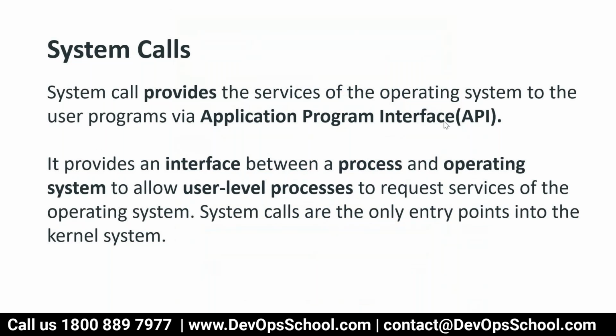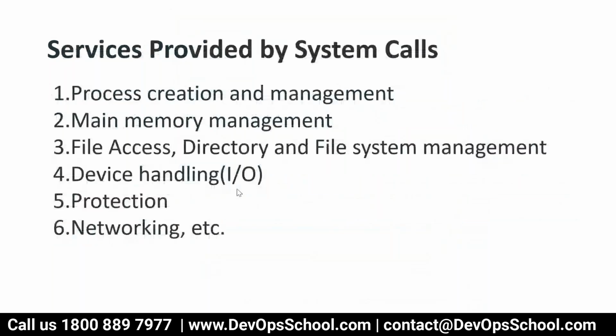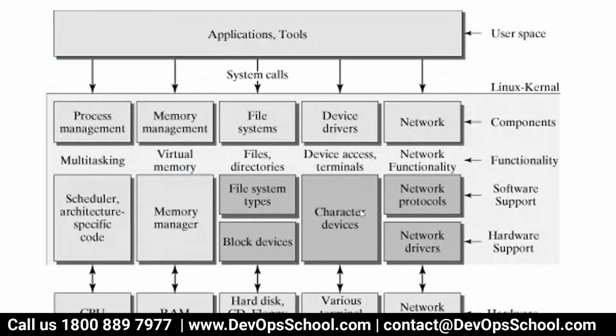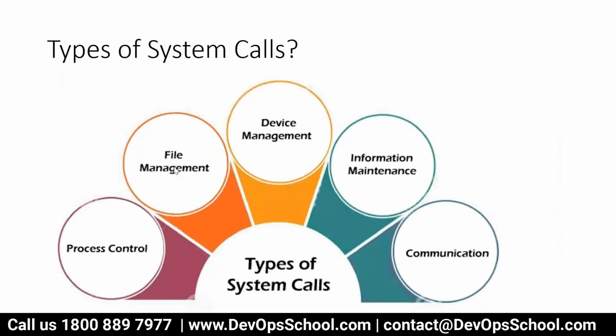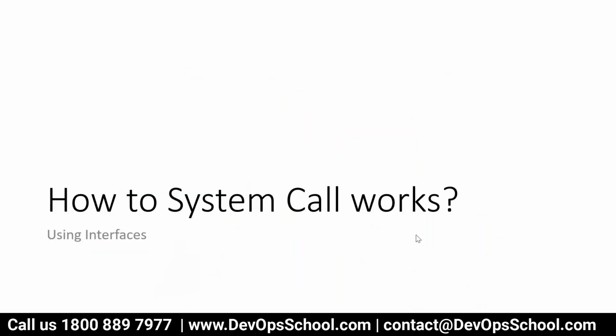So the system call makes an API call to the different spaces and does the work. And these are the services provided by system call. Types of system calls: process control, file management, device management, information maintenance, and communications.